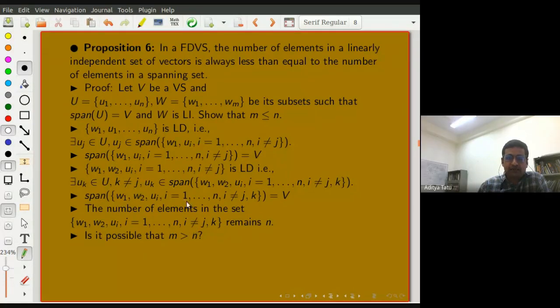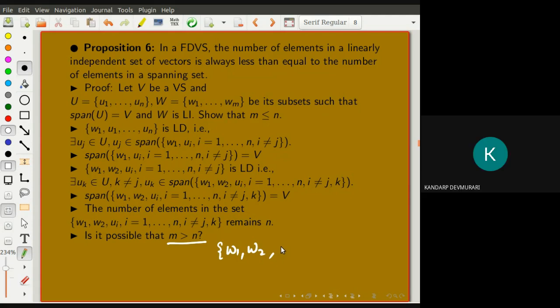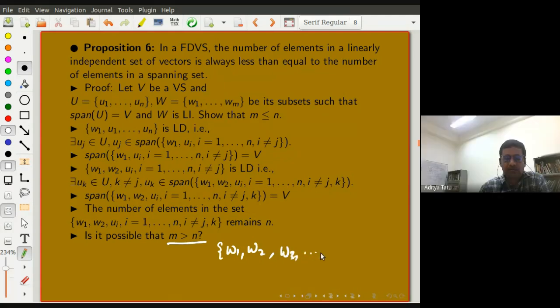After n iterations of this process of replacing, what is the spanning set that we'll end up with if m is greater than n? After 2 iterations, we have w1, w2, but after n iterations, till w_n. We'll end up with this set, which by construction should span V. Is that a problem?